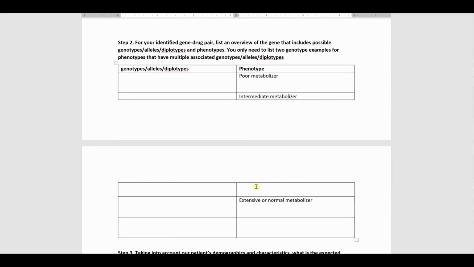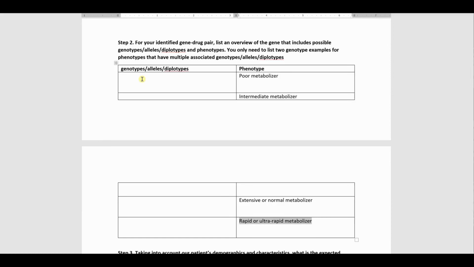Extensive or normal metabolizer are used interchangeably; sometimes they just call a normal metabolizer an extensive metabolizer. Also, rapid or ultra-rapid metabolizers are often put in the same group. This can depend on the given CYP, but for our case here, they're a rapid or ultra-rapid metabolizer.